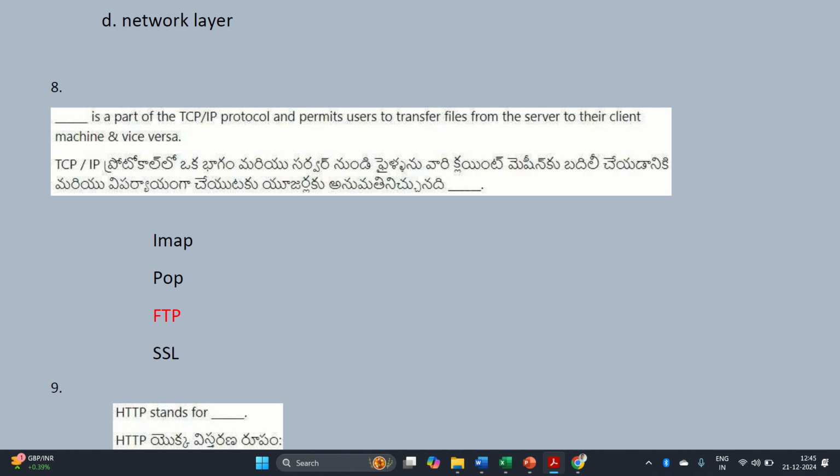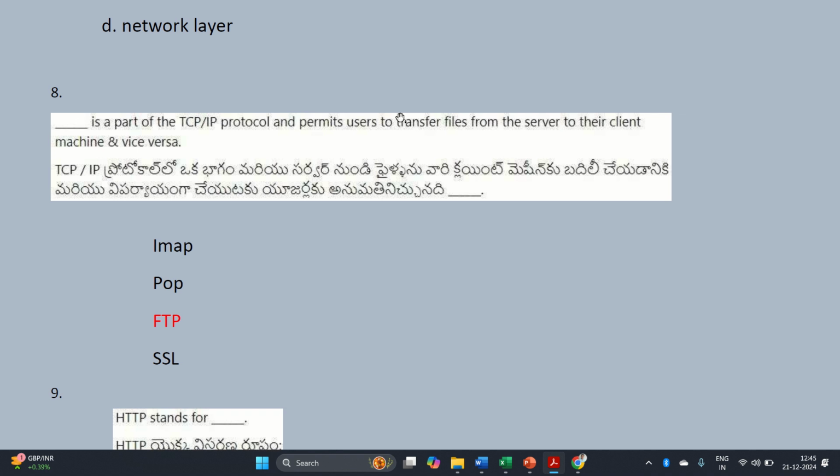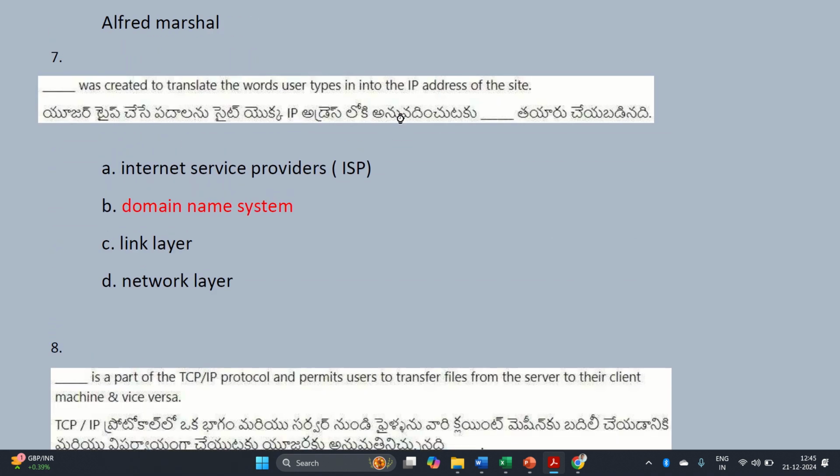FTP permits users to transfer files from the server to the client machine and vice versa. HTTP is Hypertext Transfer Protocol.